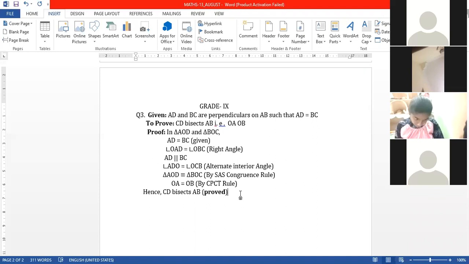This question is also very easy. We want to apply here the alternate interior angle concept, and AC is common here. With the help of SAS, we can say triangle ABC is congruent to triangle CDA. Okay, draw this question. I will explain that question. Don't worry. Copy question everyone fastly.